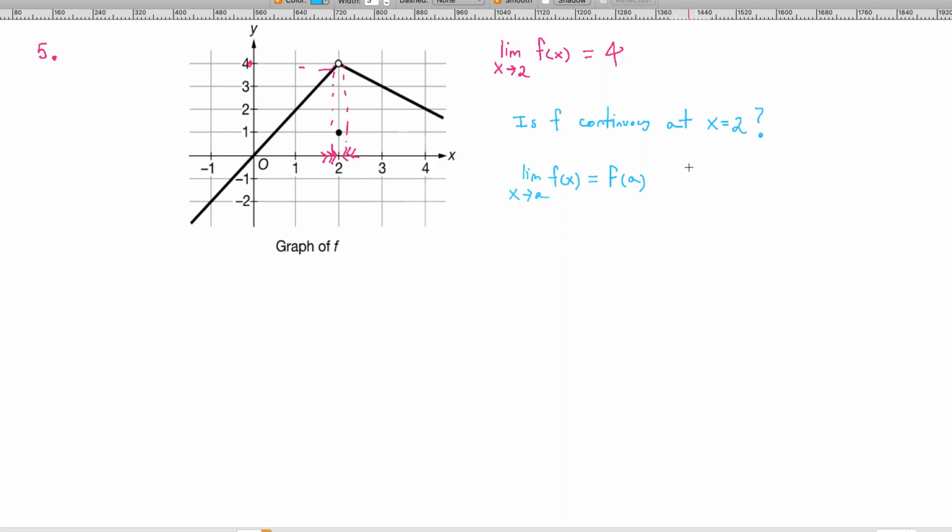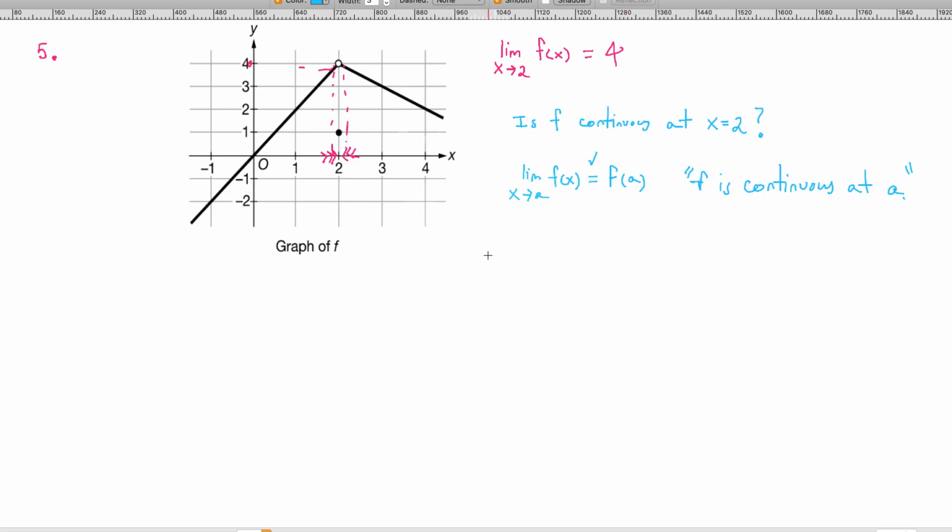Okay, so this literally means, if this equality is true, you find out this equality is true, then f is continuous at a, where a could be anything. It could be any x value, and in this case we're going to investigate a being 2, because I want to determine if f is continuous at 2.